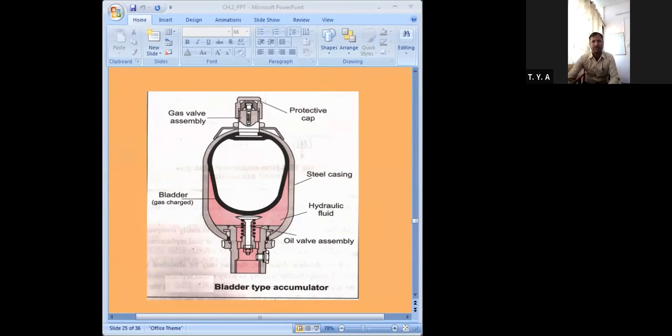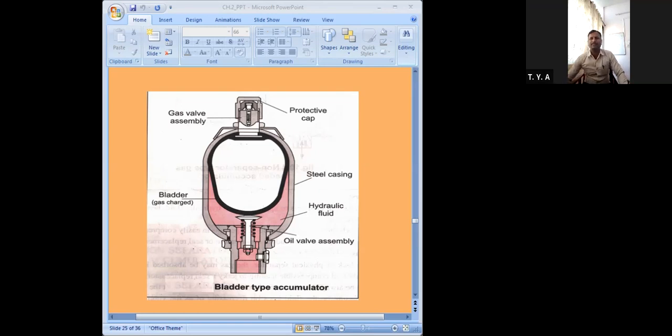This is called the accumulator, and we know that it has a steel casing shell. Here we have the oil valve, and from this port the oil is going to come inside. Here we have the protection cap and gas valve assembly, from which gas is going to come inside this bladder. So this bladder is called the separator.